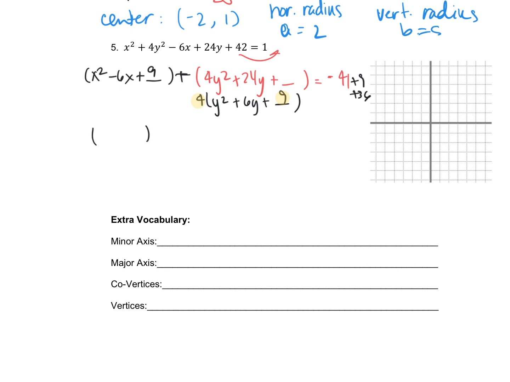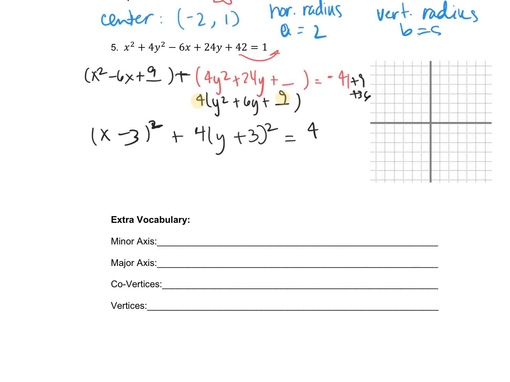Okay, so complete the square, quantity squared. So we get x minus 3 plus, and over here though, we are going to get a 4 times y plus 3 quantity squared equals, so -41 plus 45, actually that comes out to just a 4.